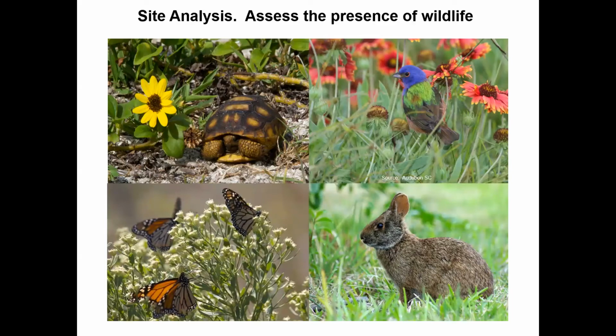And then, of course, throughout the whole time, you can be assessing what wildlife you have. And the presence of different species of wildlife may help you determine what you may want to keep, what you may want to enhance, or what you may want to install as well. So one of the examples I use is on the lower left-hand corner with the monarchs.